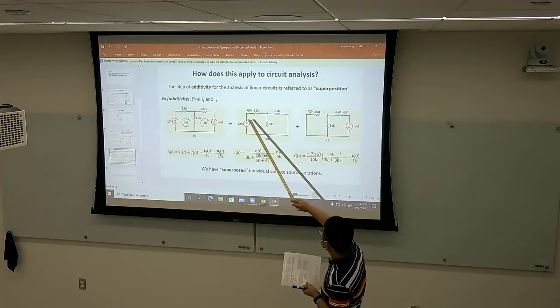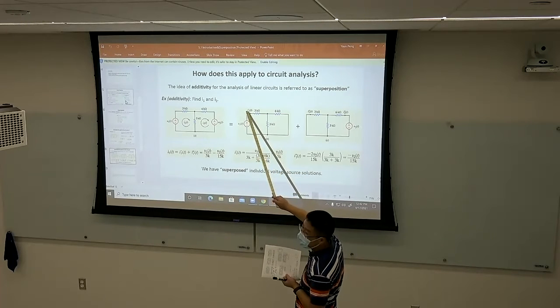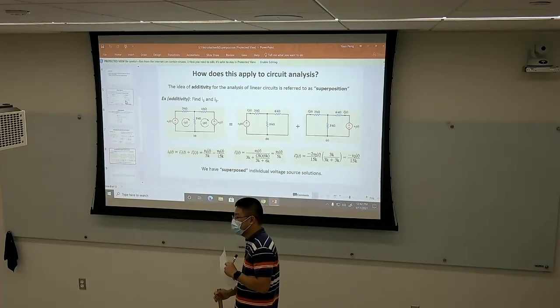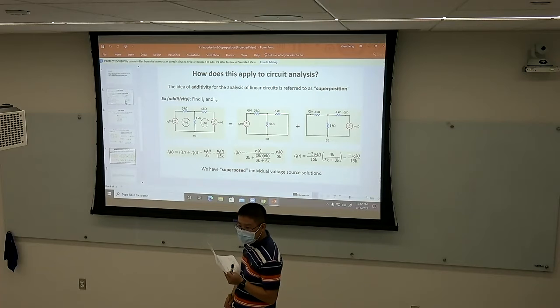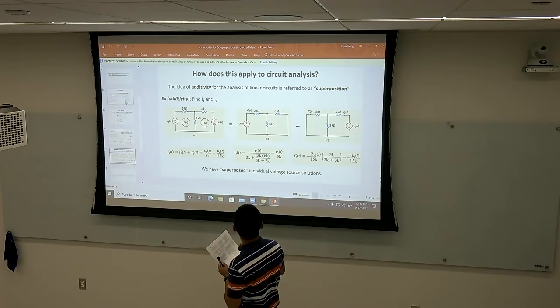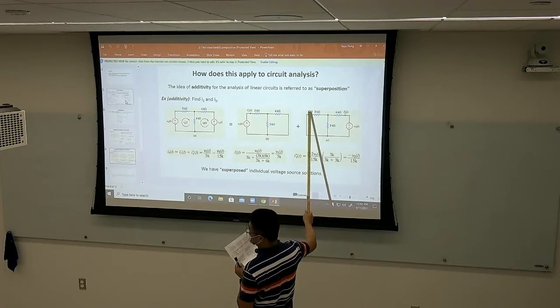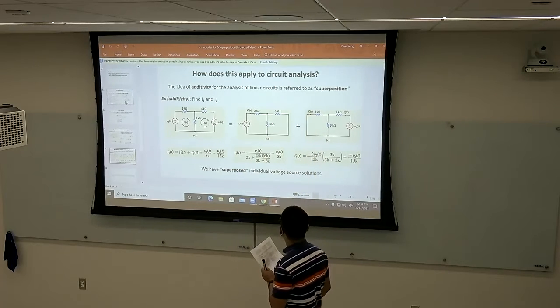So no problem on how to calculate I1 prime? Do you have any questions on how to calculate I1 prime? No problem. So I will introduce how to calculate I1 double prime. This is a little bit more complicated.